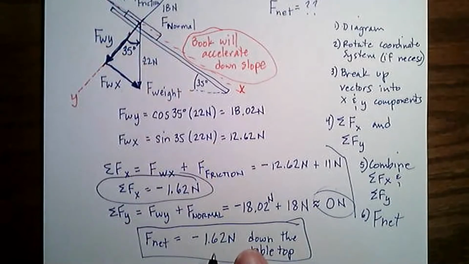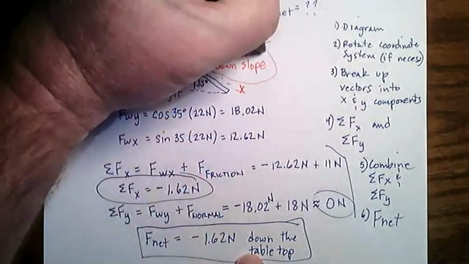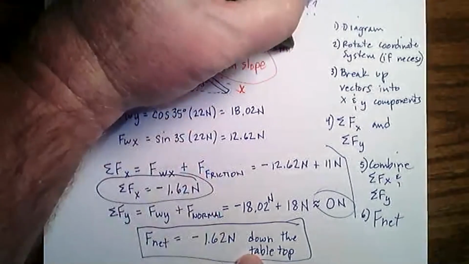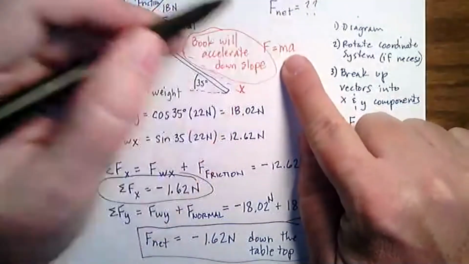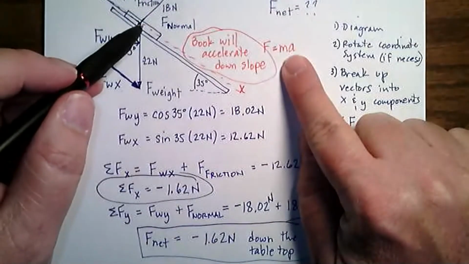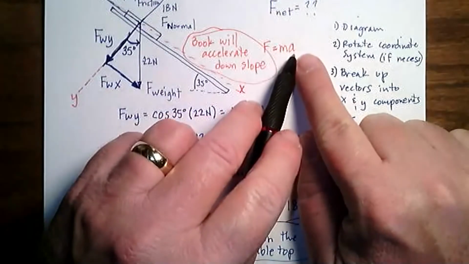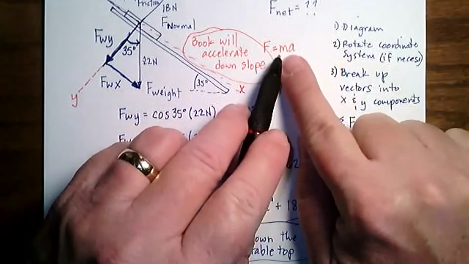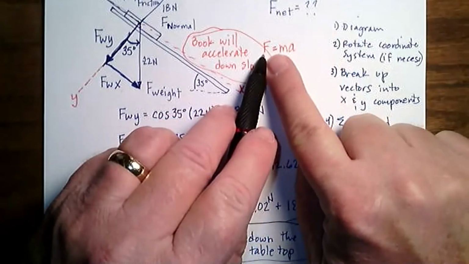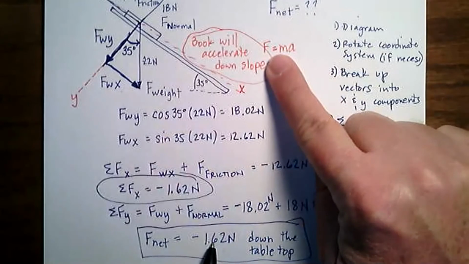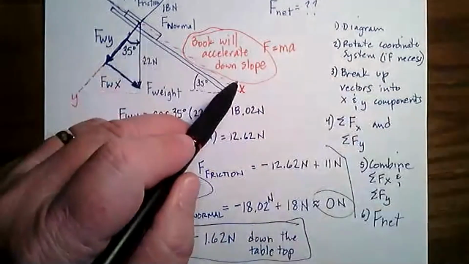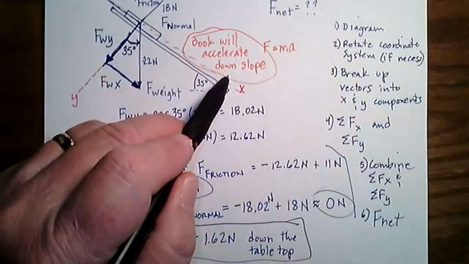Newton's second law, which basically says that if you know what the force is that's acting on something, F equals the mass of the book, which we could figure out here, times acceleration. So if I knew the mass of the book and I knew what the force was, which I do, I could calculate the acceleration that this book would experience.